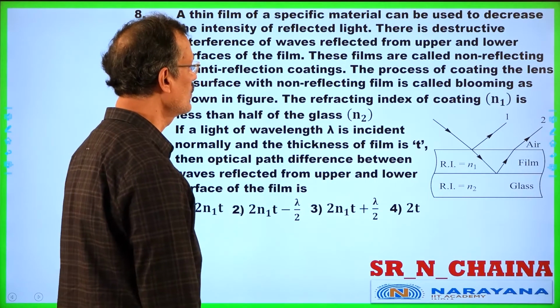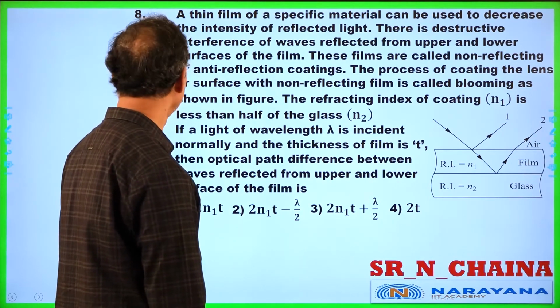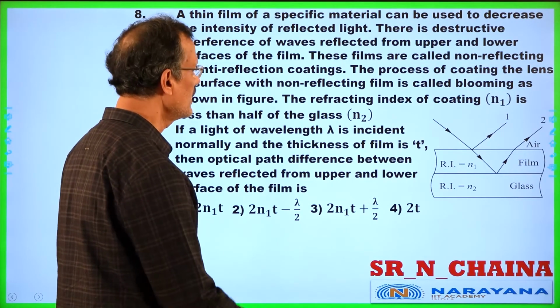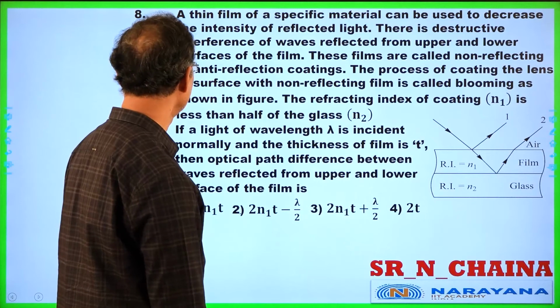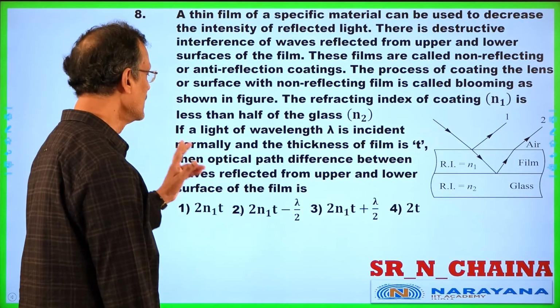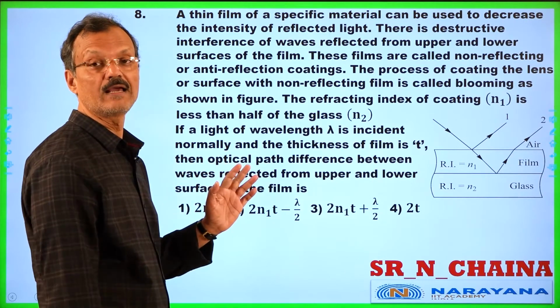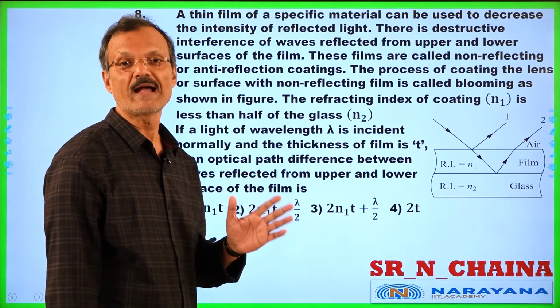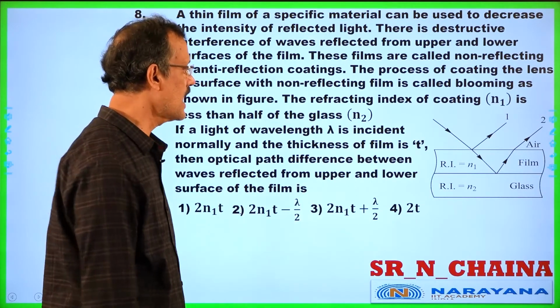The refractive index of the coating is N1 and of the glass is N2, with N1 less than N2. If light of wavelength lambda is incident normally, meaning i is 0 and r is 0, the path difference is 2 mu t cos r.